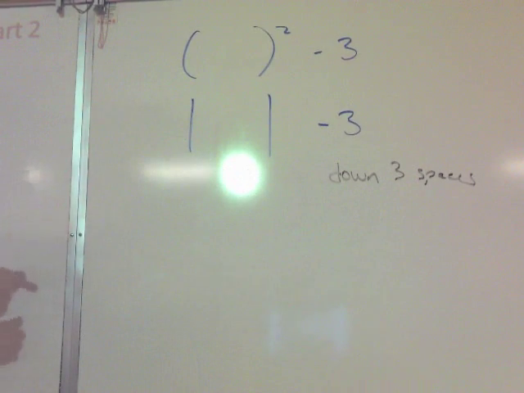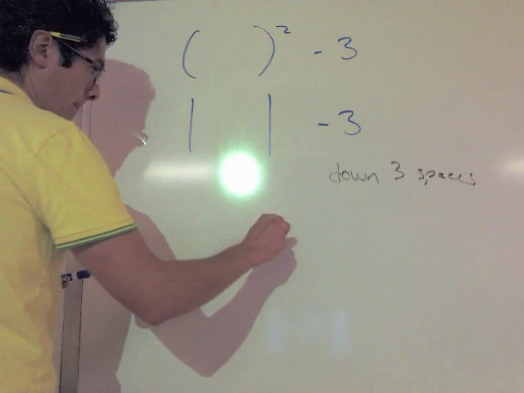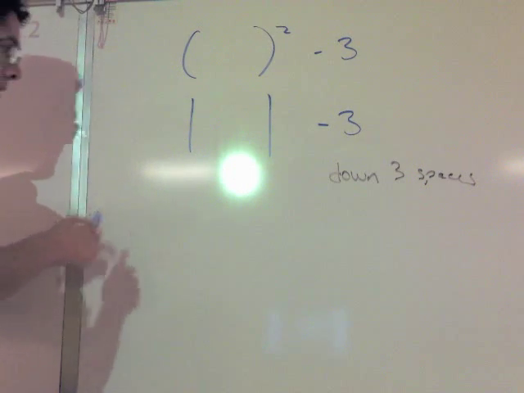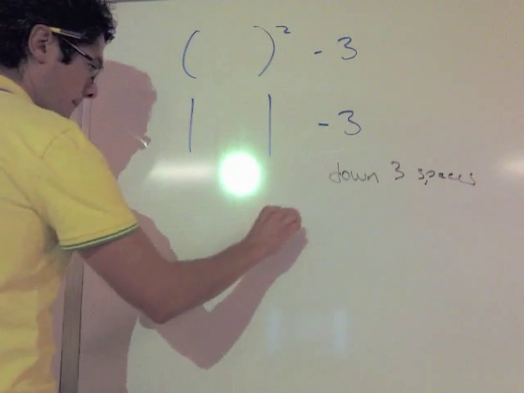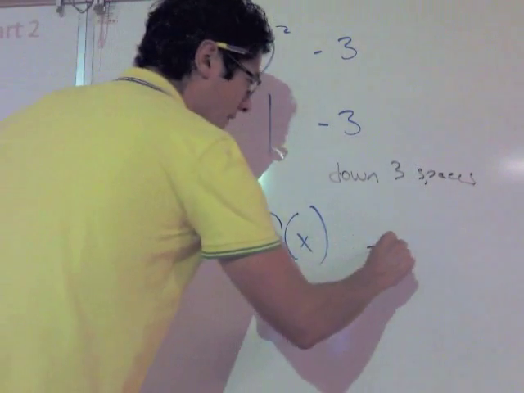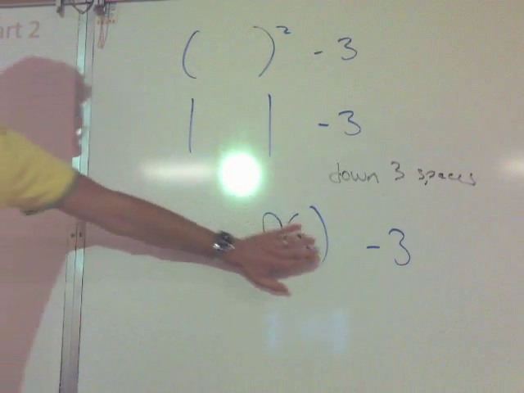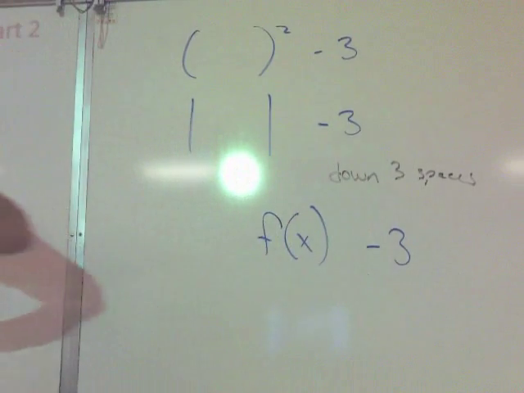Now for today, it's going to look like this. It's going to have f of x, and then it's going to put the minus 3 at the back end. So it's saying the picture is already drawn, and then we're going to minus 3 it. Okay?